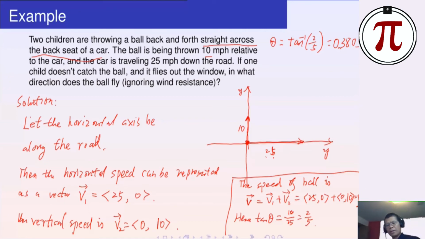This one is going to be the negative of this one, so it can be either positive. So what direction does the ball fly? Theta equals this one counterclockwise or clockwise, right? To that direction.